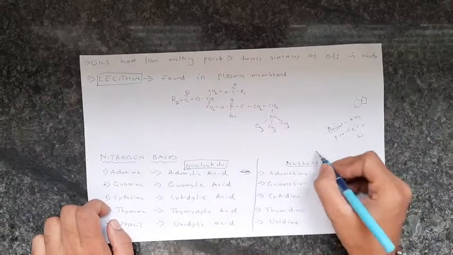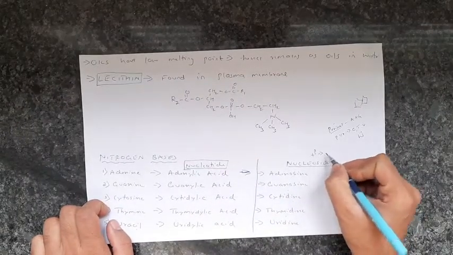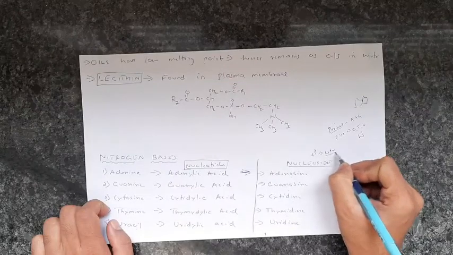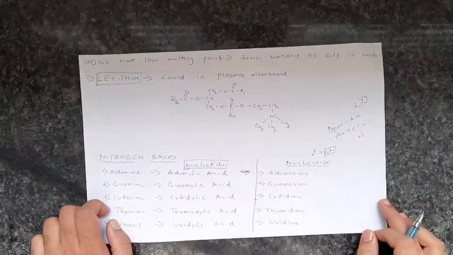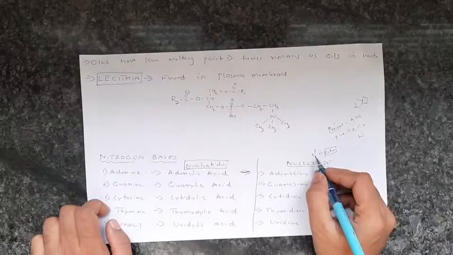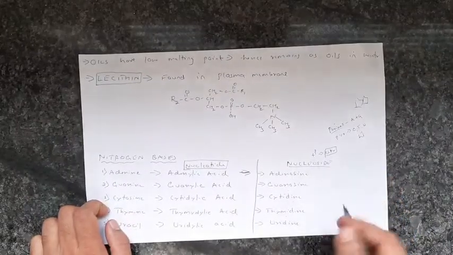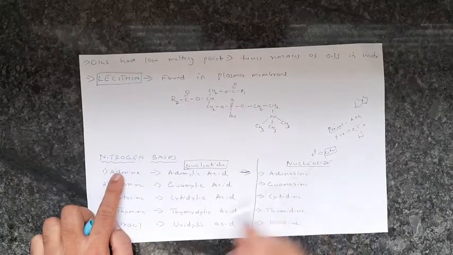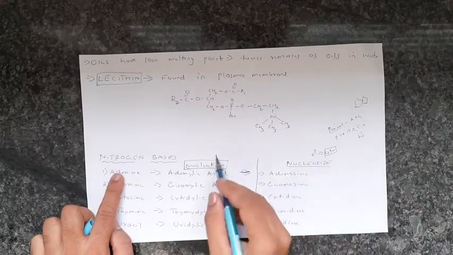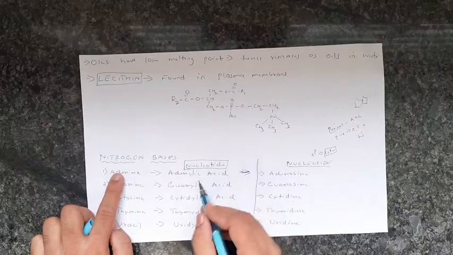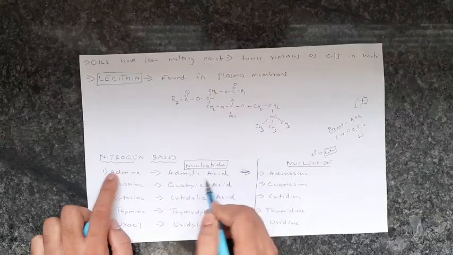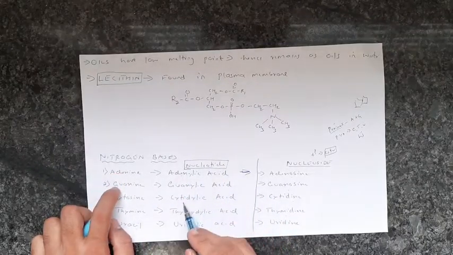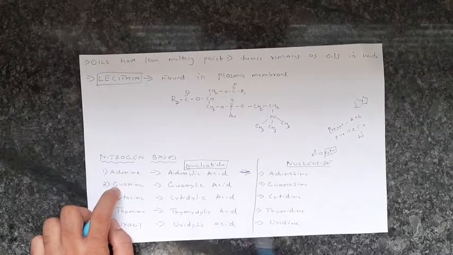So nucleoside plus phosphate is with the help of phosphodiester bond. In simple terms, we can call it ester bond. We call it phosphodiester bond because there is a phosphate group. Correct. So the nucleoside of adenine with sugar, when attached to a phosphoric acid, makes a nucleotide: adenylic acid for adenine, guanylic acid, cytidylic acid, thymidylic acid, uridylic acid.